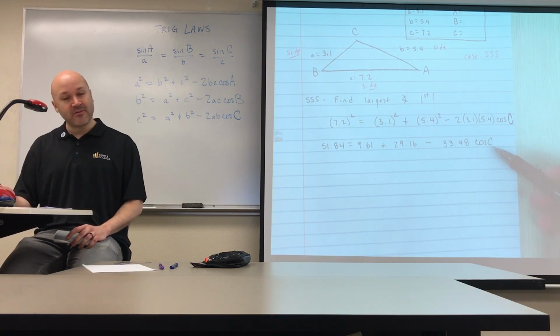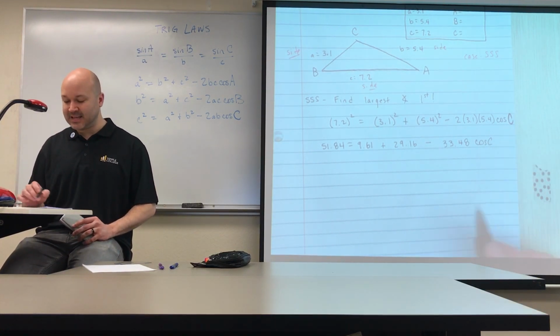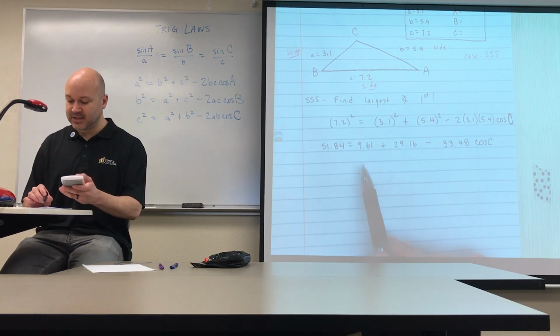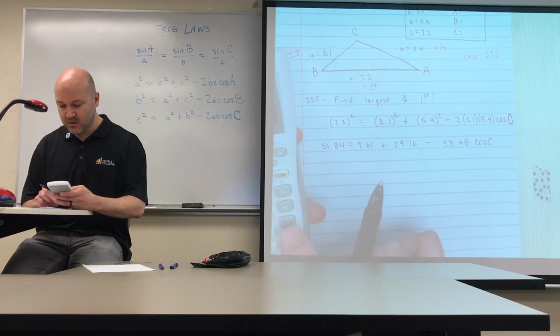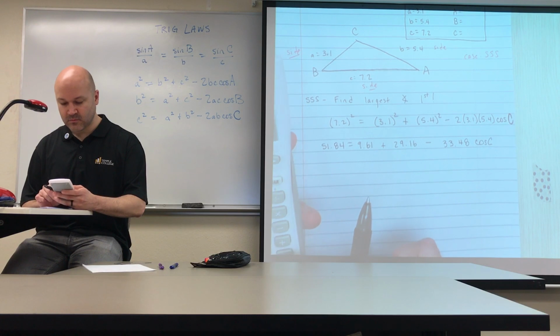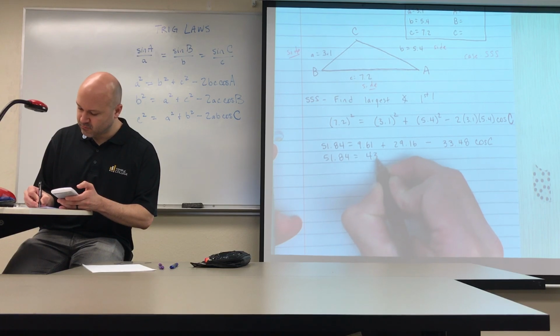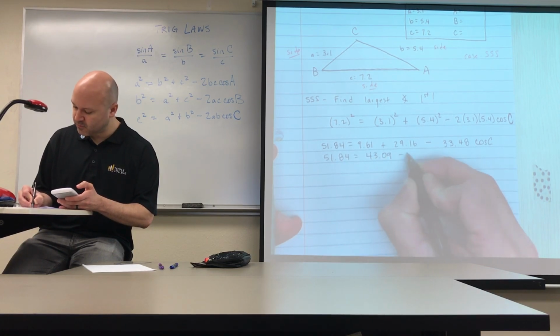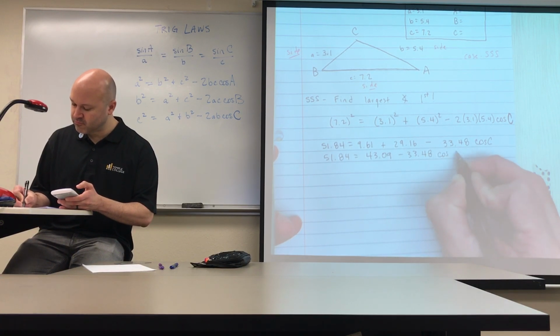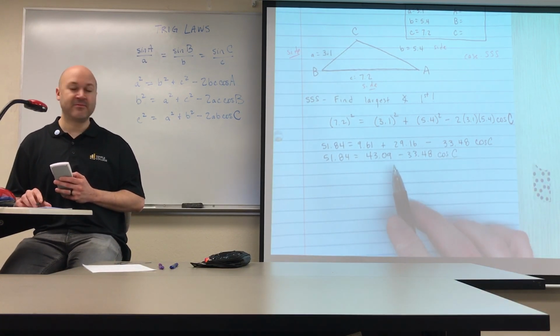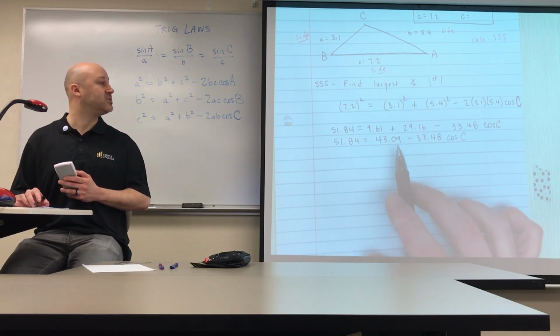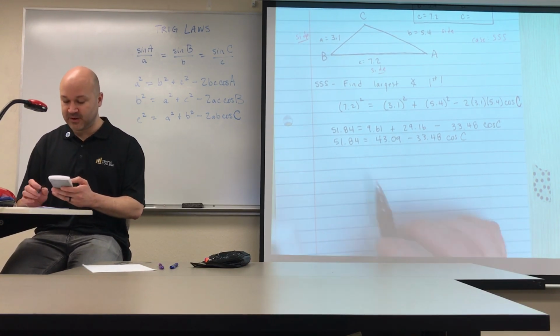I'm trying to solve for that cosine C, so I'm trying to isolate it. I'll add these 2 numbers together. They sum up to 43.09. I'm going to subtract that value from 51.84.